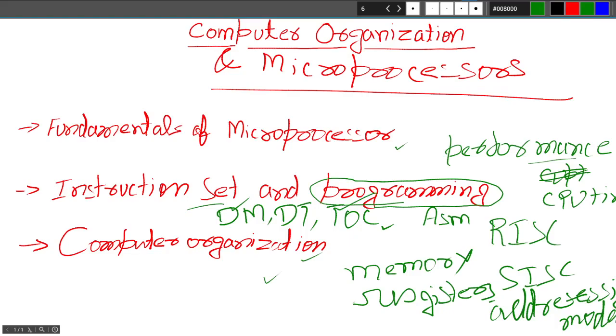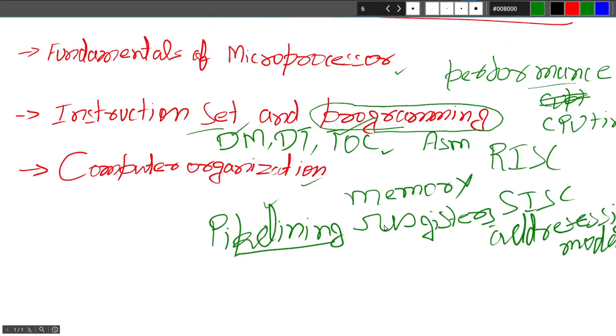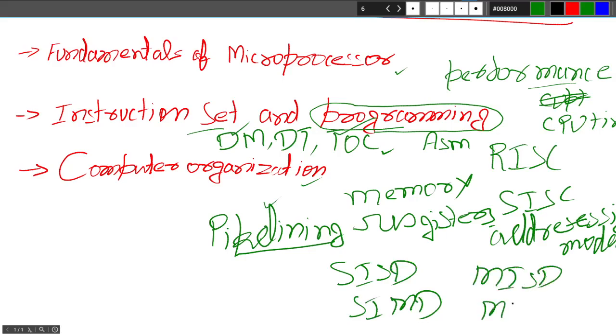And after that, you will also learn about high performance architectures, basically about pipelining. You will also learn different kinds of architecture possible based on instruction stream and data stream. This can be SISD, SIMD, it can be MISD and MIMD. So you will see these possible architectures.